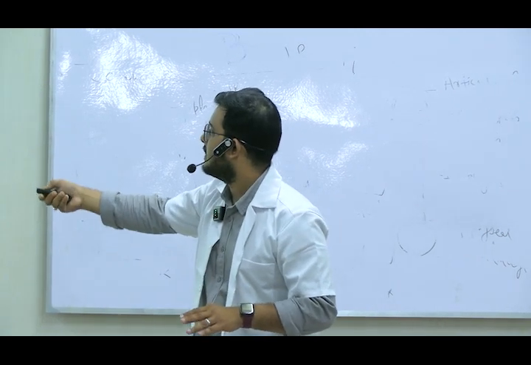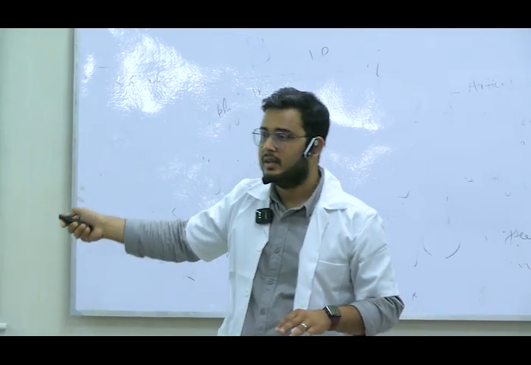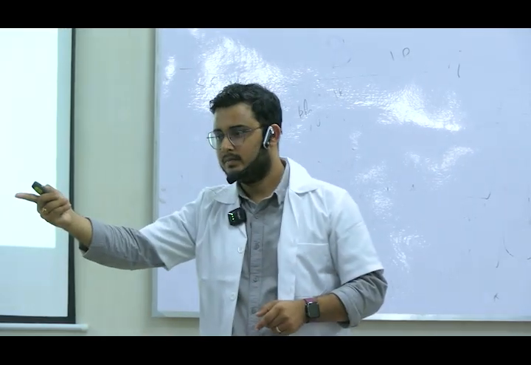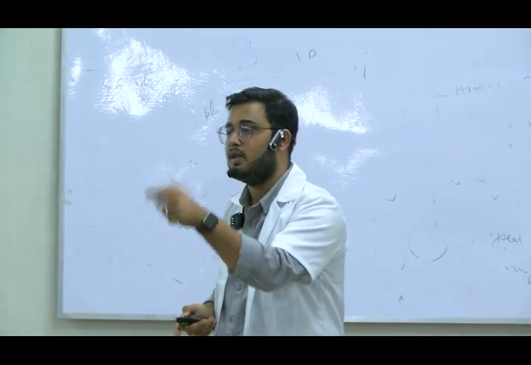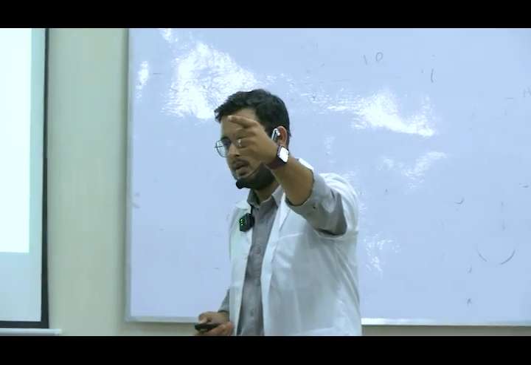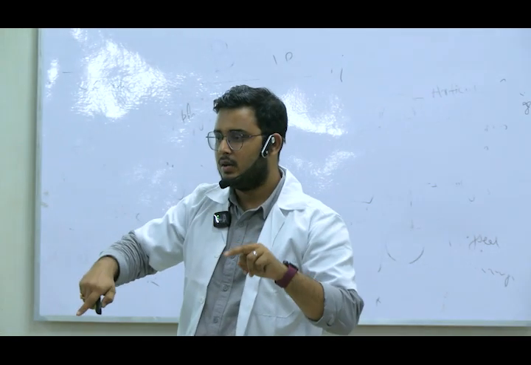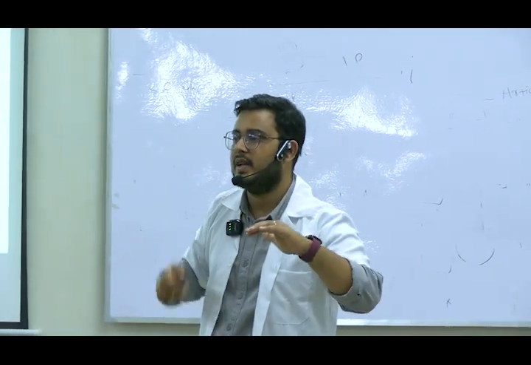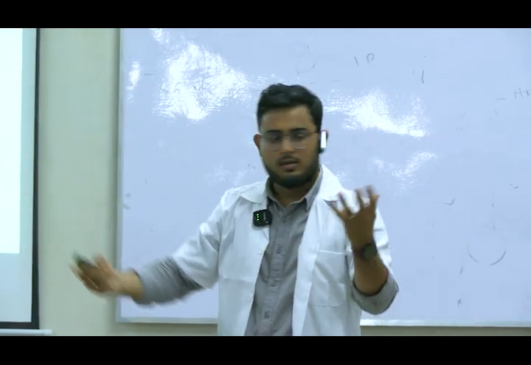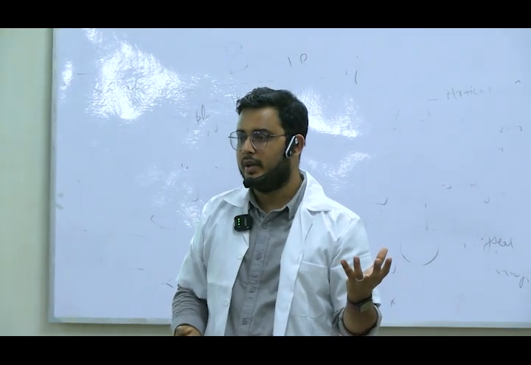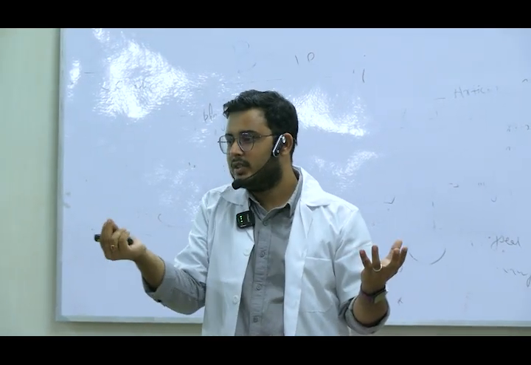The third thing is the total iron binding capacity of transferrin, which is the total capacity of transferrin to bind iron. When iron is less, automatically your transferrin has more ability to bind. This is the amount of transferrin in your body, and this is the amount of iron, which has been reduced.